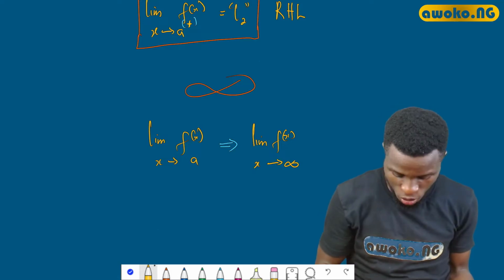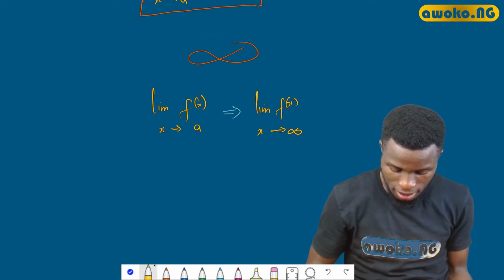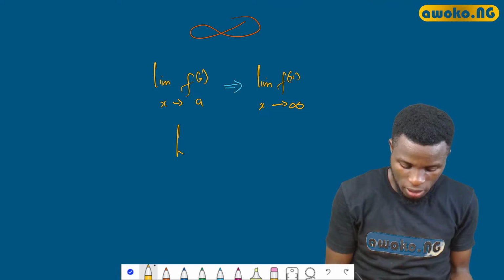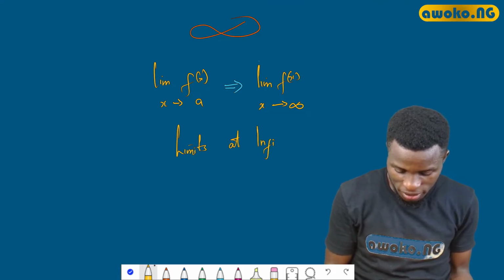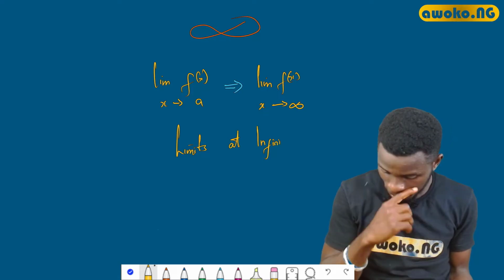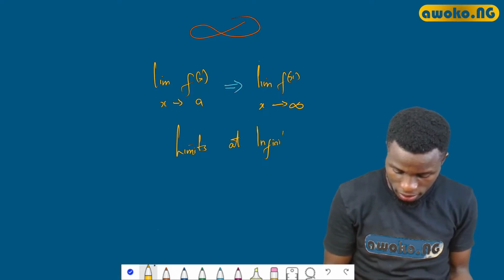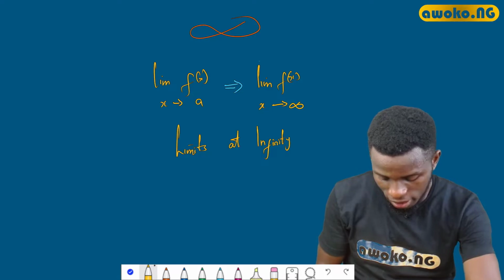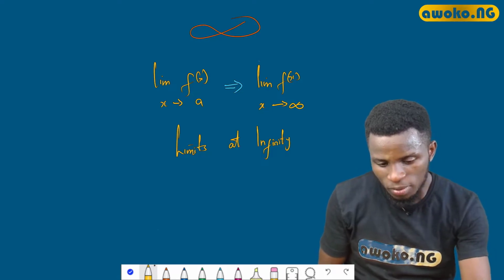That is what we are going to consider next. So we would have limits at infinity. Limits at infinity, at an infinite number.